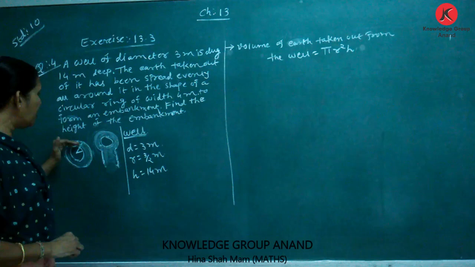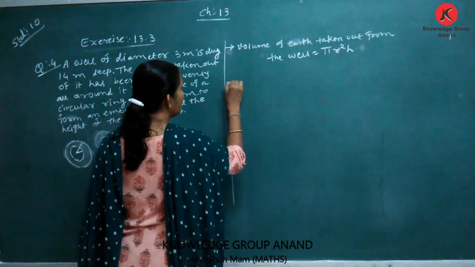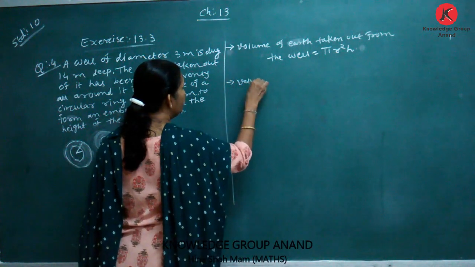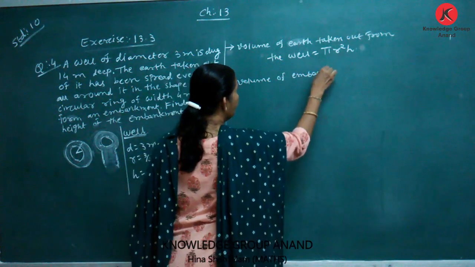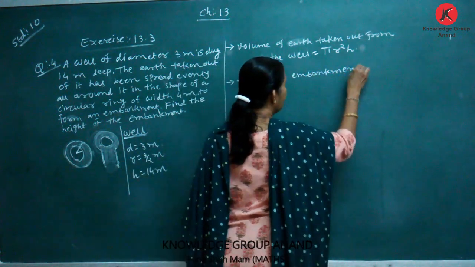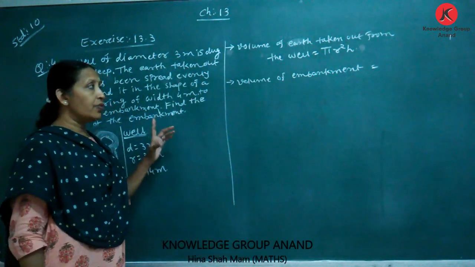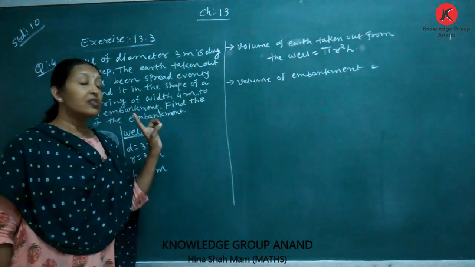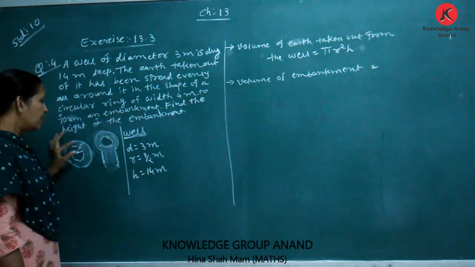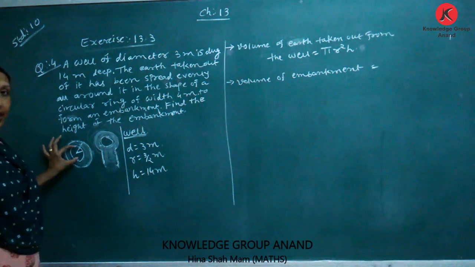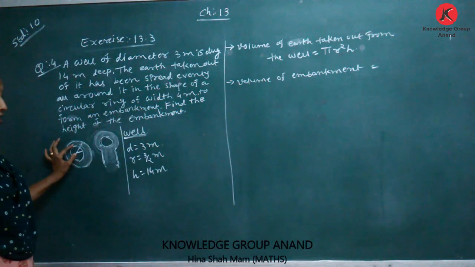Now find the volume of the embankment. The volume of the embankment is equal to, first we find its radius. The volume of the cylindrical shape here, and this is also a cylindrical shape.